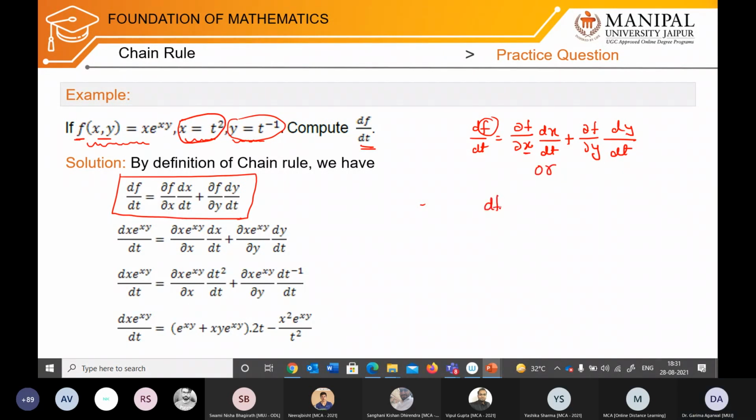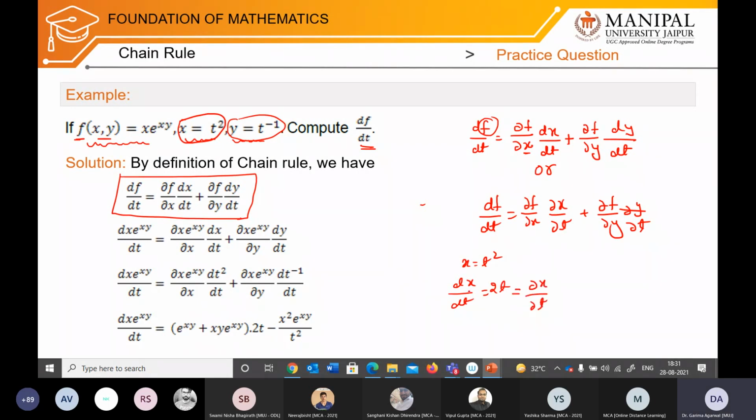Or you can write this formula as well. Because for a single variable, the partial derivative and total derivative are the same. If x is equal to t square, dx by dt will be 2t and del x by del t will be 2t only, right? So for a single variable, the total and partial derivative are the same.